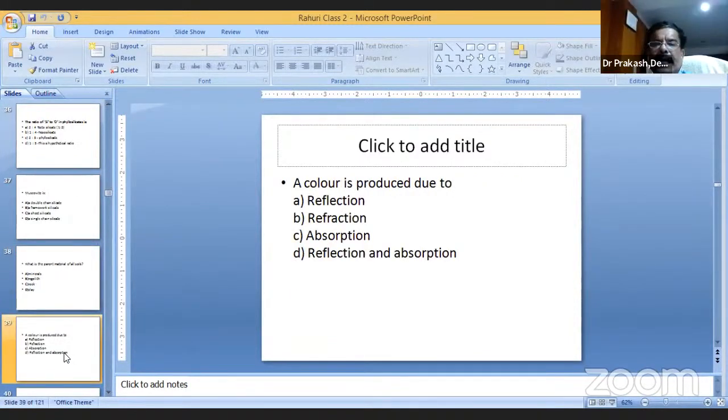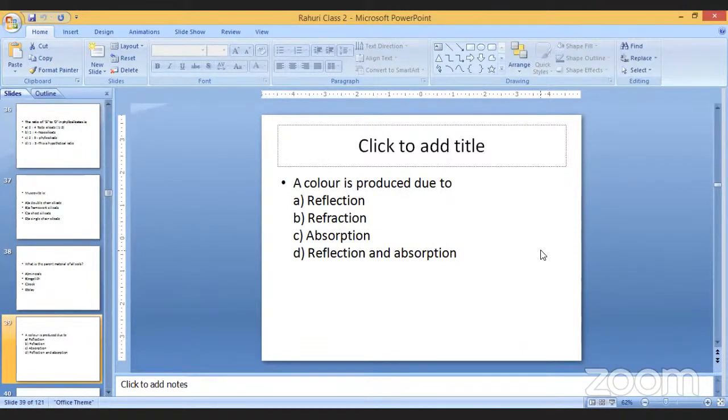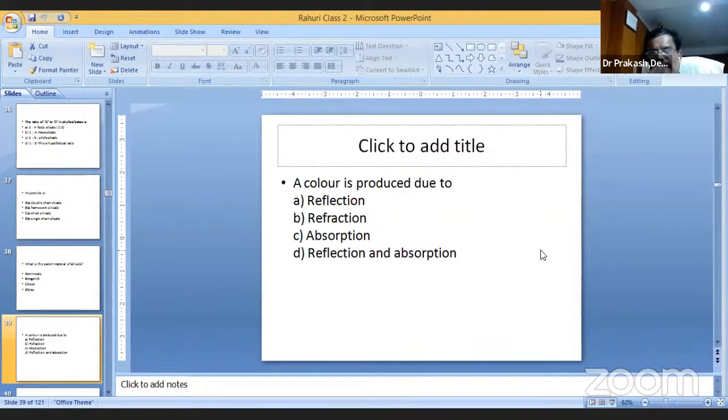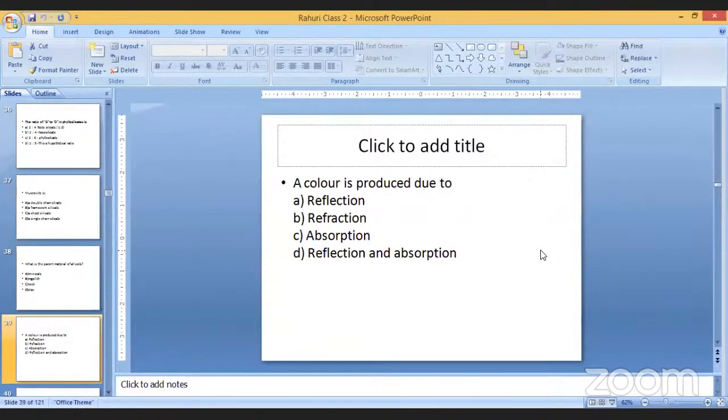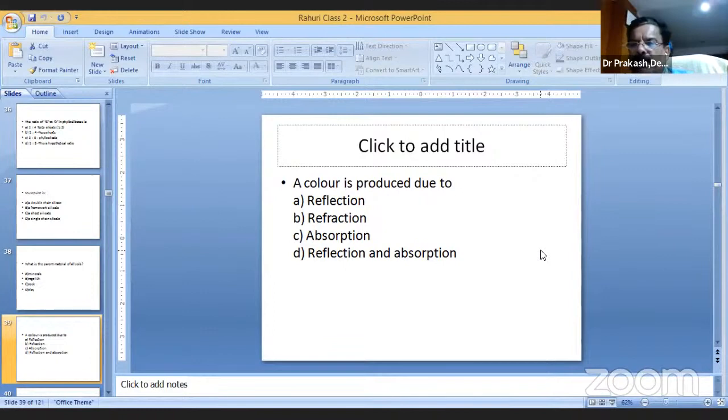Okay. A color is produced due to, a simple, straightforward question for you. Quickly your answer. Absorption. Okay, you are taking a bet on absorption, right, Ritik Kumar?